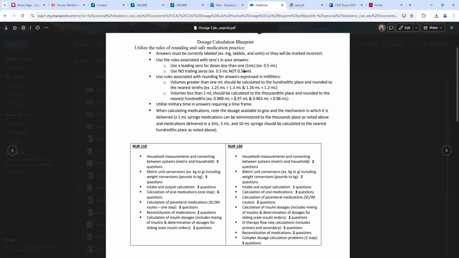But for this example, if you do get 0.969, follow these rounding rules and you would get 0.97. So you're looking for 2 significant digits when the number is less than 1. Sometimes your answer is just 0.5. So you just leave it at that.